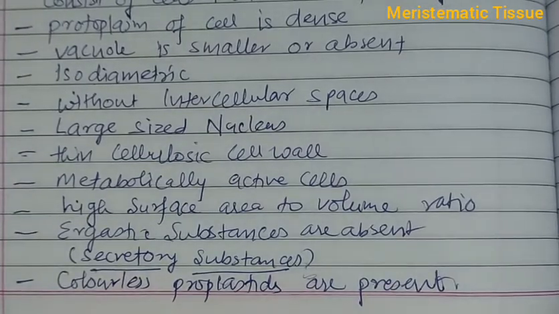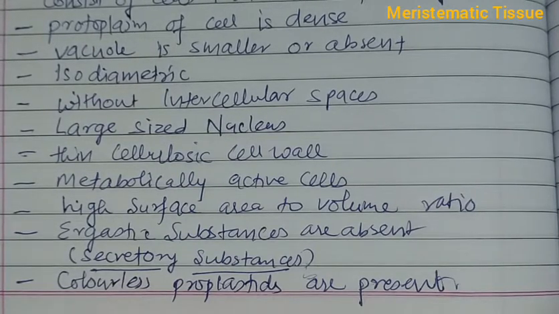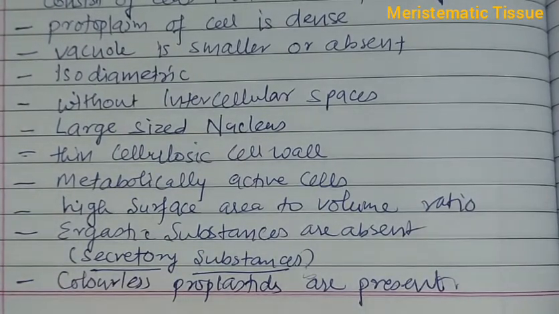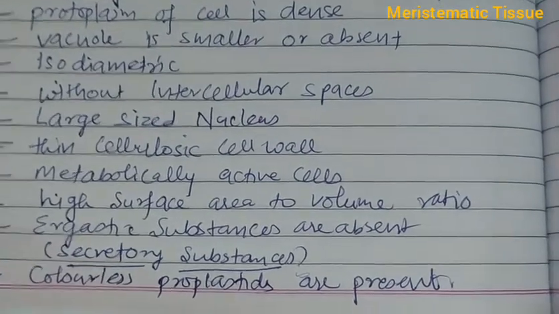But in permanent tissue, cells lose their capacity of division. Now we are talking about meristematic tissue first, then we will talk about permanent tissue. Now we come to the term meristem.